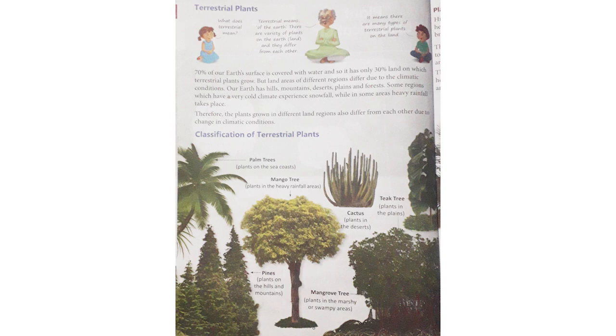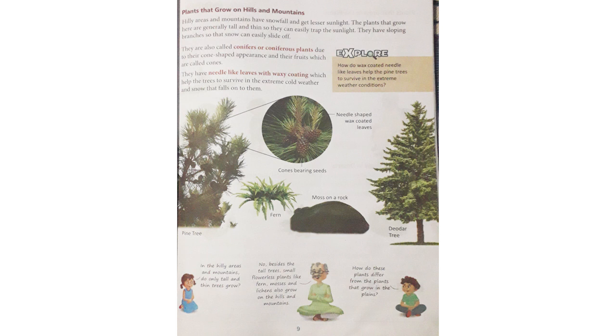Next is cactus, a plant mainly found in desert areas. Next is teak plant, naturally found in the plains. Next are mangrove trees, basically found in the marshes or swampy region. So we will study all of these in detail.